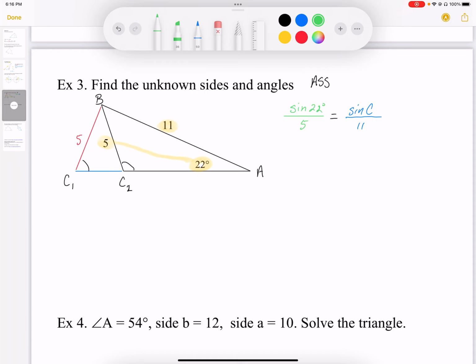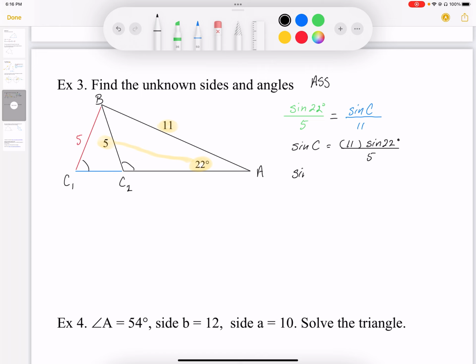So this is 22 degrees in here. I'm going to rearrange this, and I'm going to end up with sine of angle C is equal to 11 times sine 22 degrees over 5.